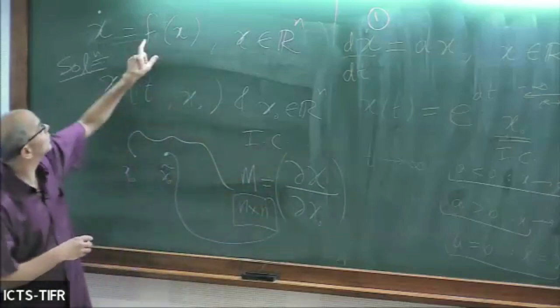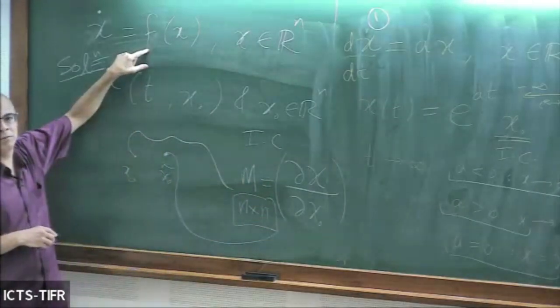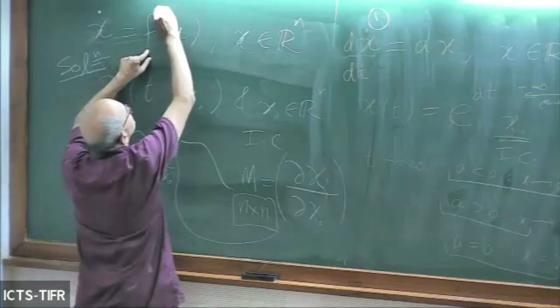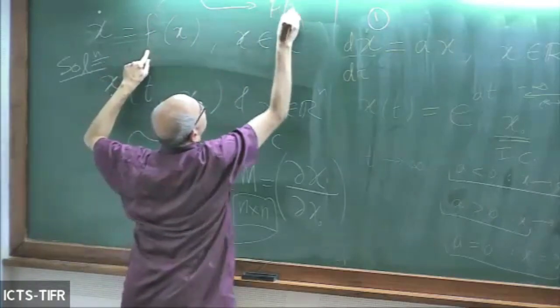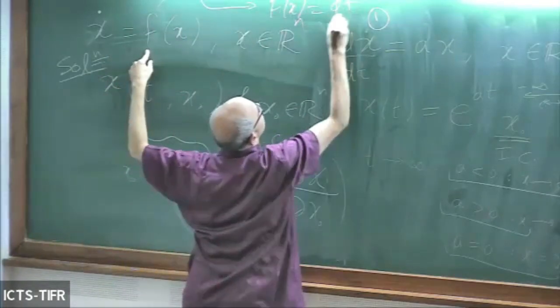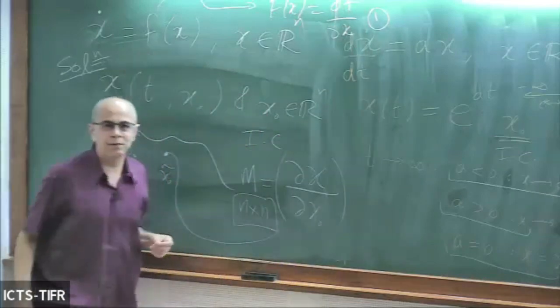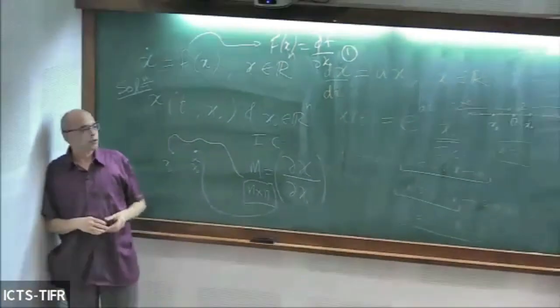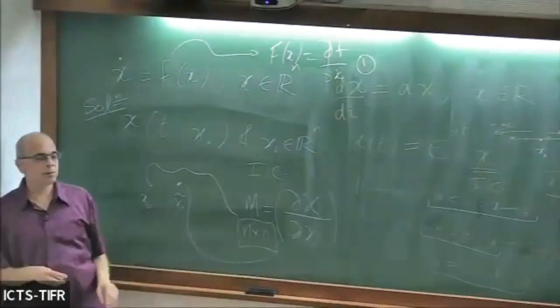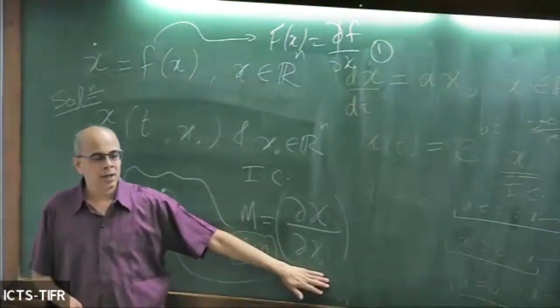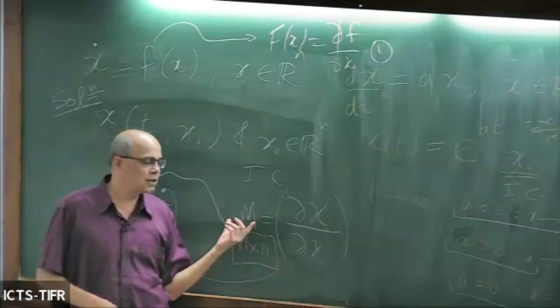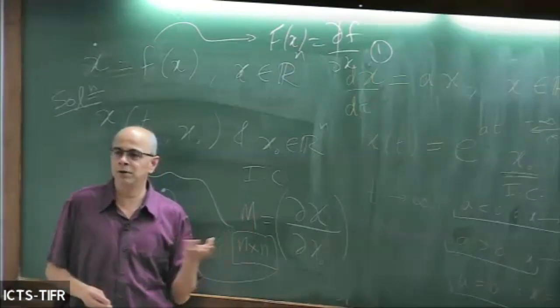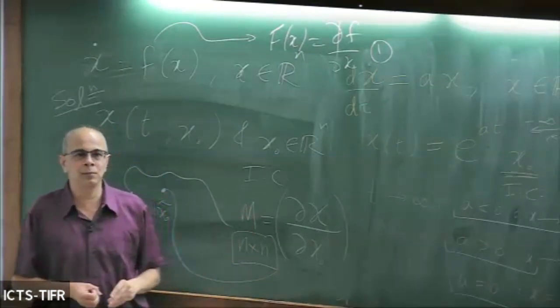There is a corresponding one that is the Jacobian for f. Of course, there is a Jacobian for f, which is capital F of x, which is equal to del f by del x. That's a different one. Yeah, and those two are related. Eventually, we'll come to that. But this is the matrix of interest, and we can write down, in fact, the differential equation for this matrix, or the difference equation, which is what Varun was talking about.